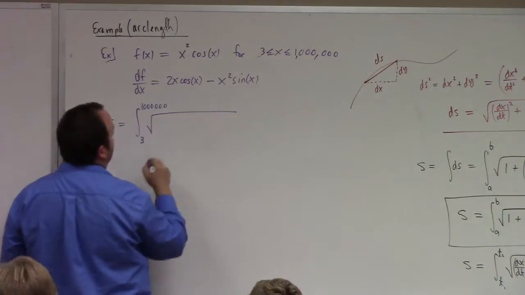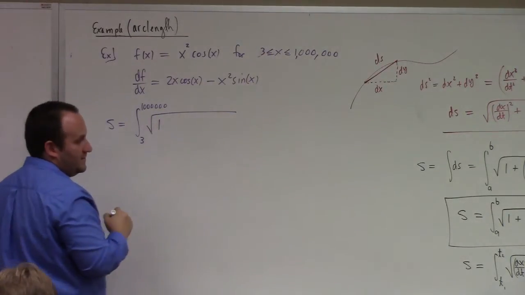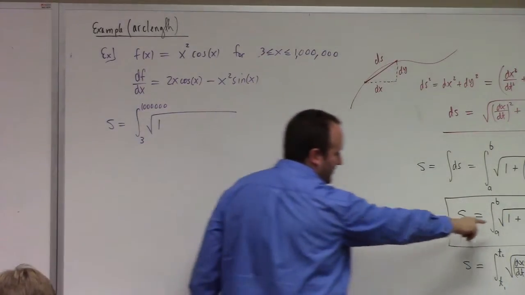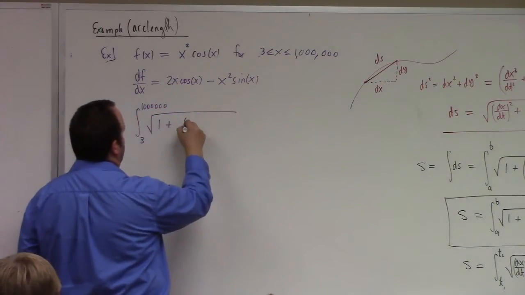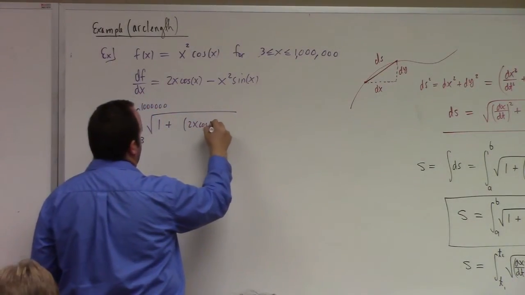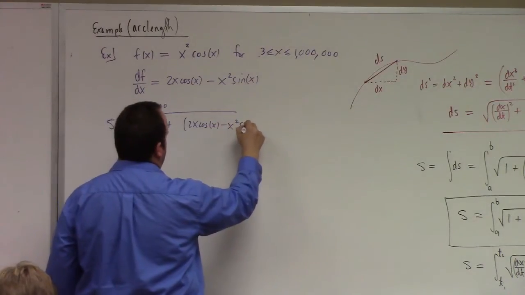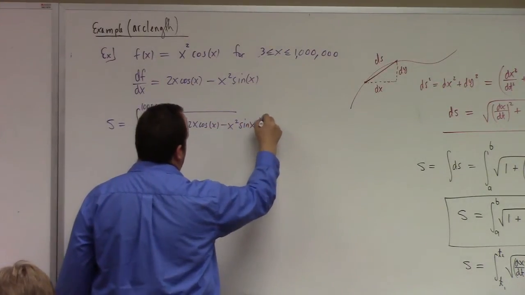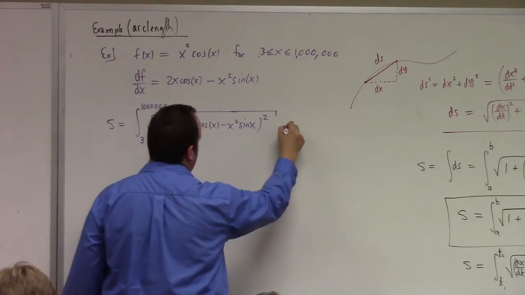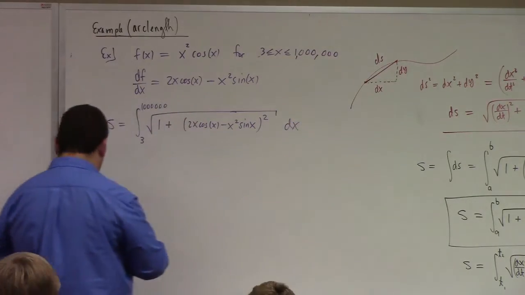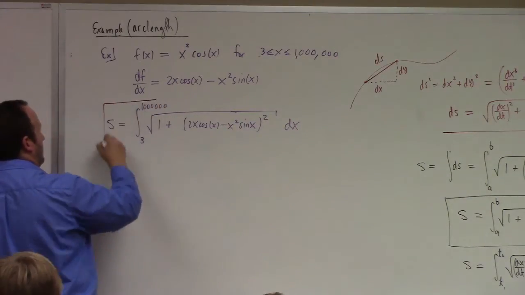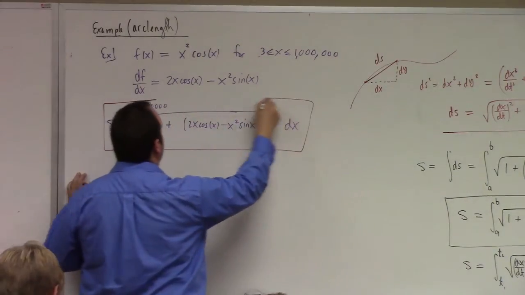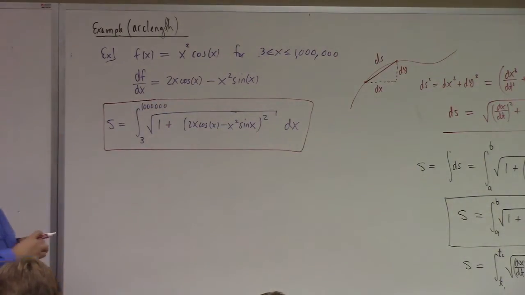Integral of the square root of 1 plus dy dx squared. Dy dx in this case is 2x cosine x minus x squared sine x, quantity squared, close square root dx. There you go. That is an integral solution to this problem. That integral is the arc length.